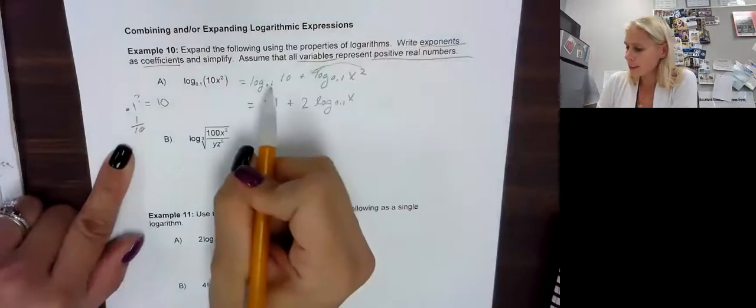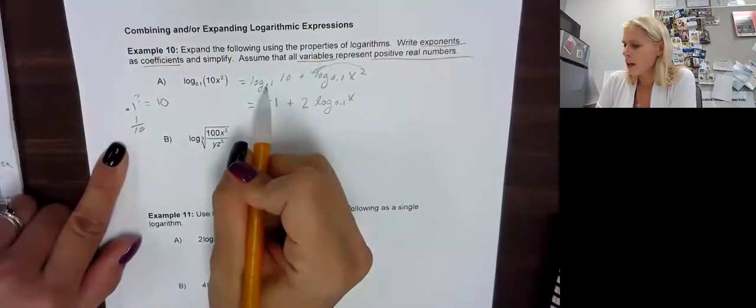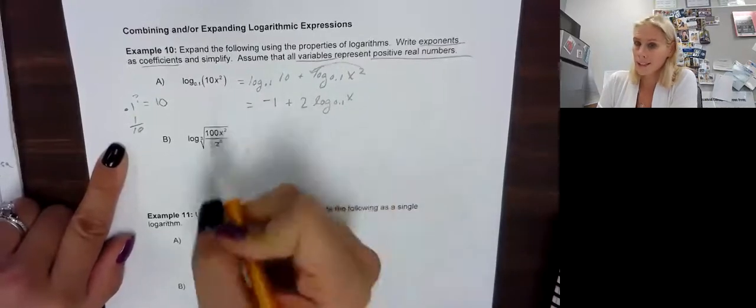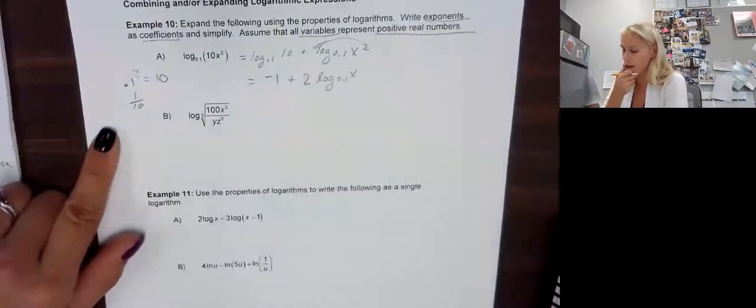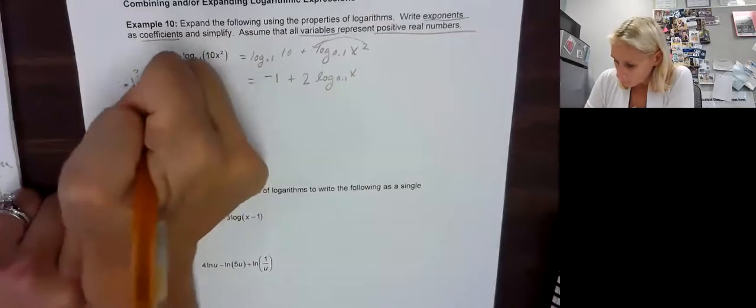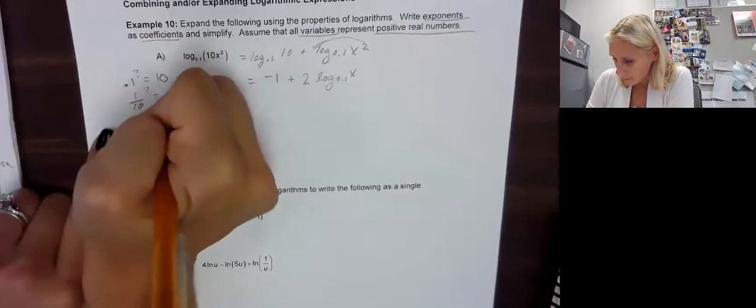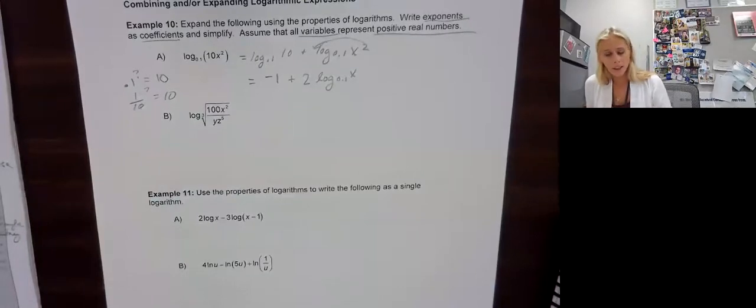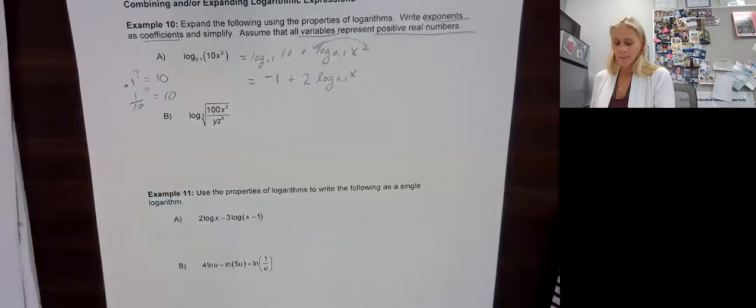Okay, just think of this as 0.1 to the negative first is 10. Let me just fill that in for you guys. There we go. All right, sorry for the complication here, guys, and I'm taking longer talking, aren't I?